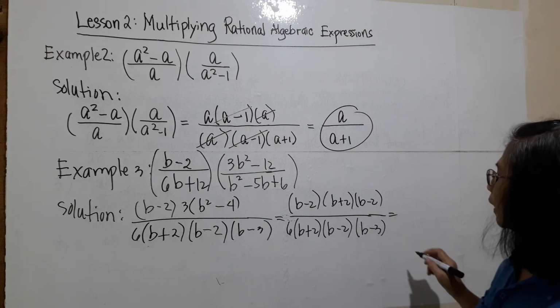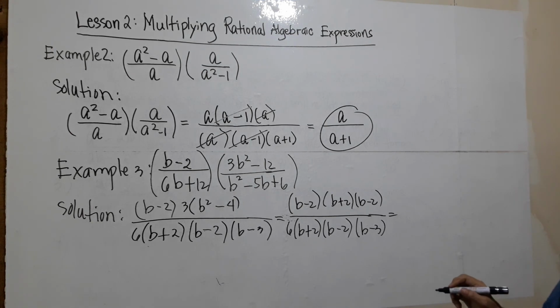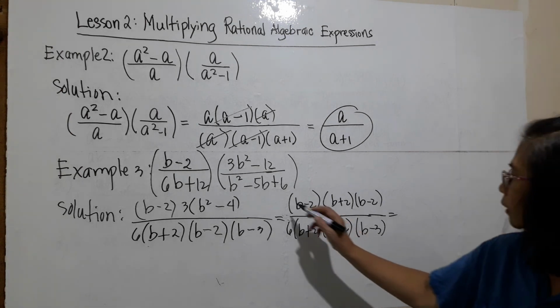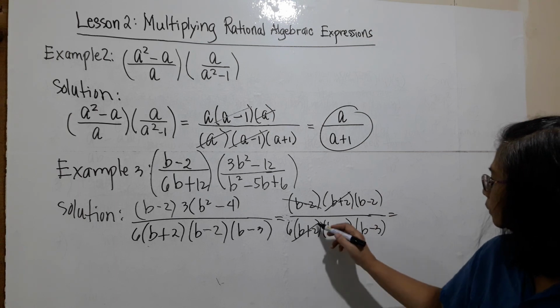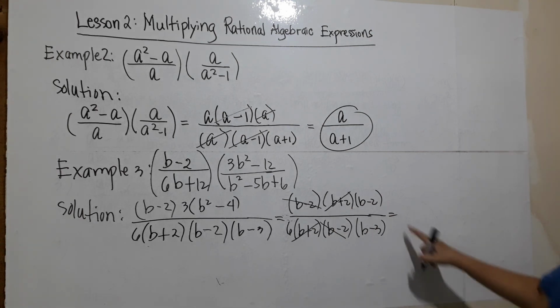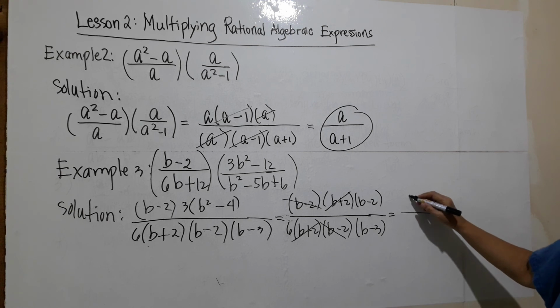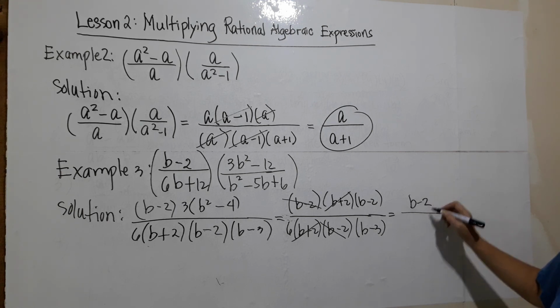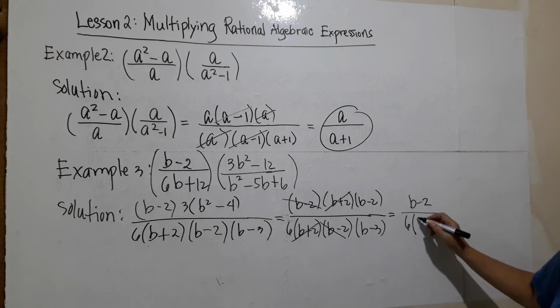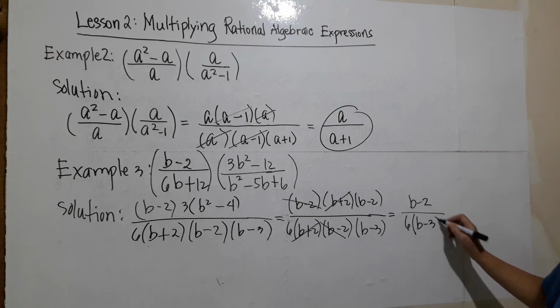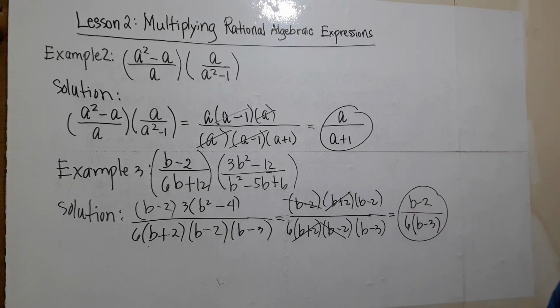Can you see common factors in both numerator and denominator? Yes, we have b minus 2, b plus 2. No more? So what are the terms left? We have in the numerator b minus 2, and in the denominator we have b minus 3. So this is now the product of example number 3.